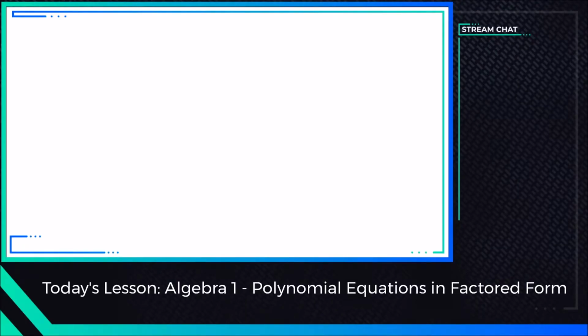Today we're going to do section 7.4, and this is polynomial equations in factored form.